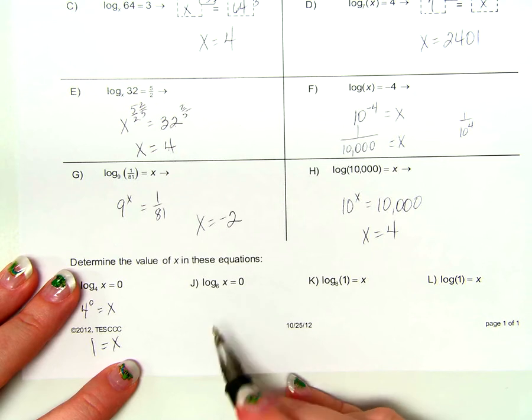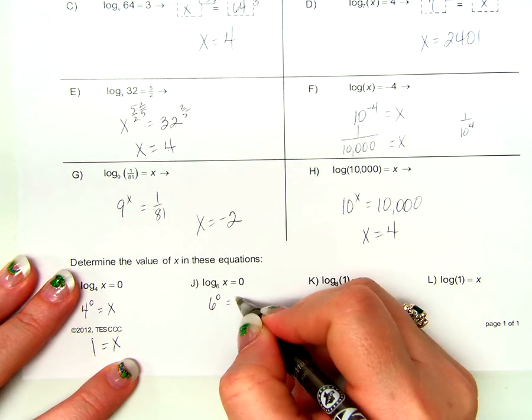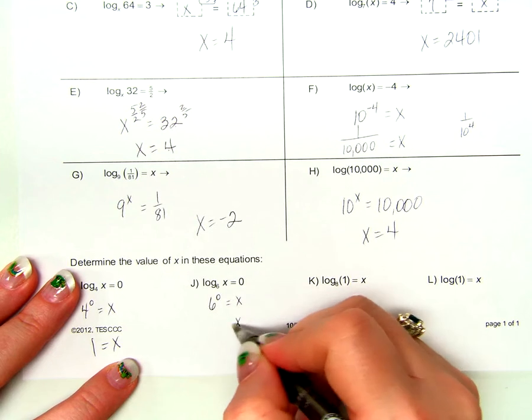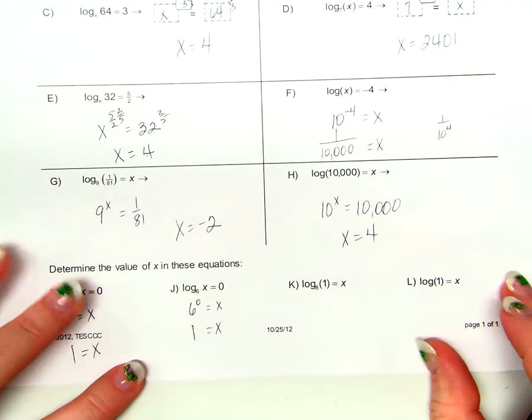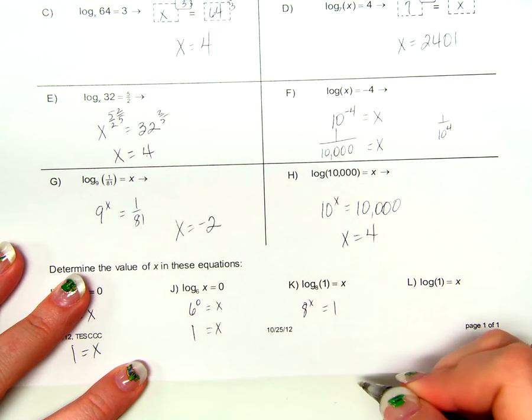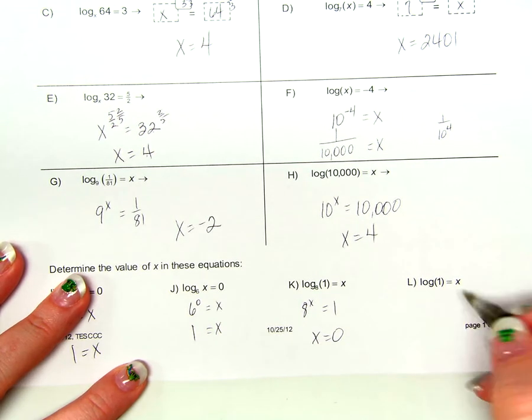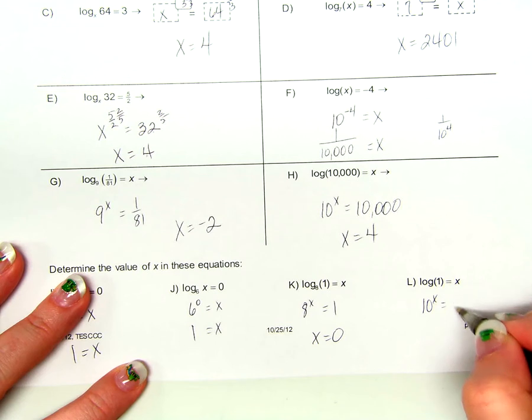How would I rewrite this? 6 to the 0 equals x, so x equals? Okay, what about k? 8 to the x equals 1, so x equals 0. What about this one? 10 to the x equals 1, so x is 0.